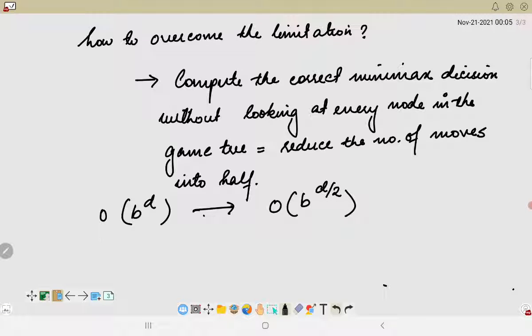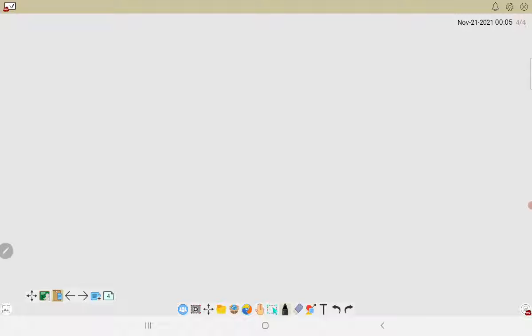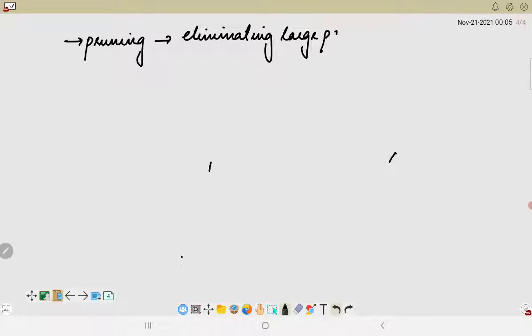Most importantly, there are a few things related to alpha beta pruning. First of all, we have to understand the meaning of pruning. Pruning means that we are cutting off, or eliminating, large parts of the game tree. This is the pruning process.